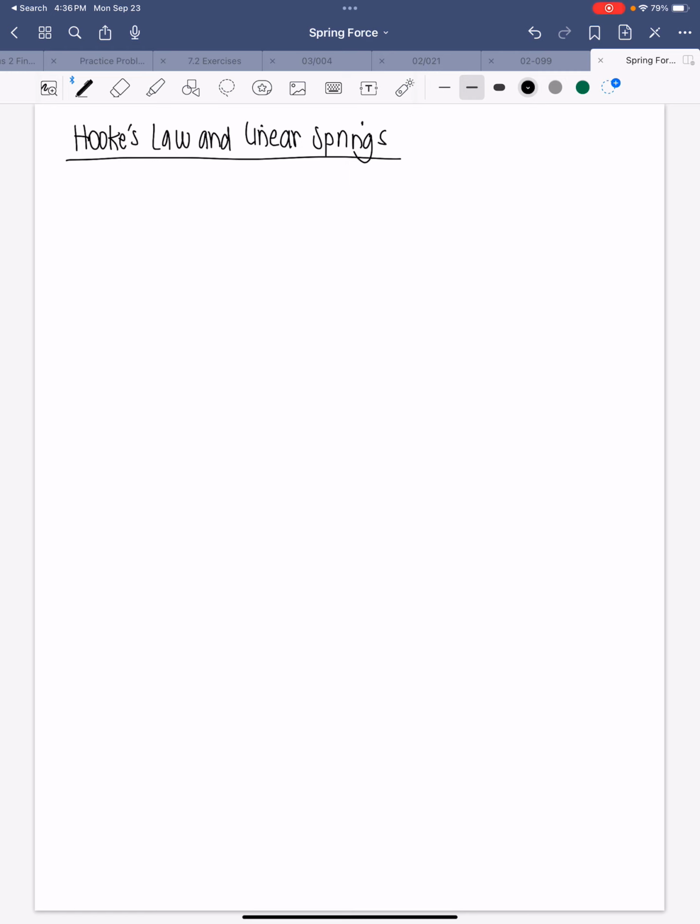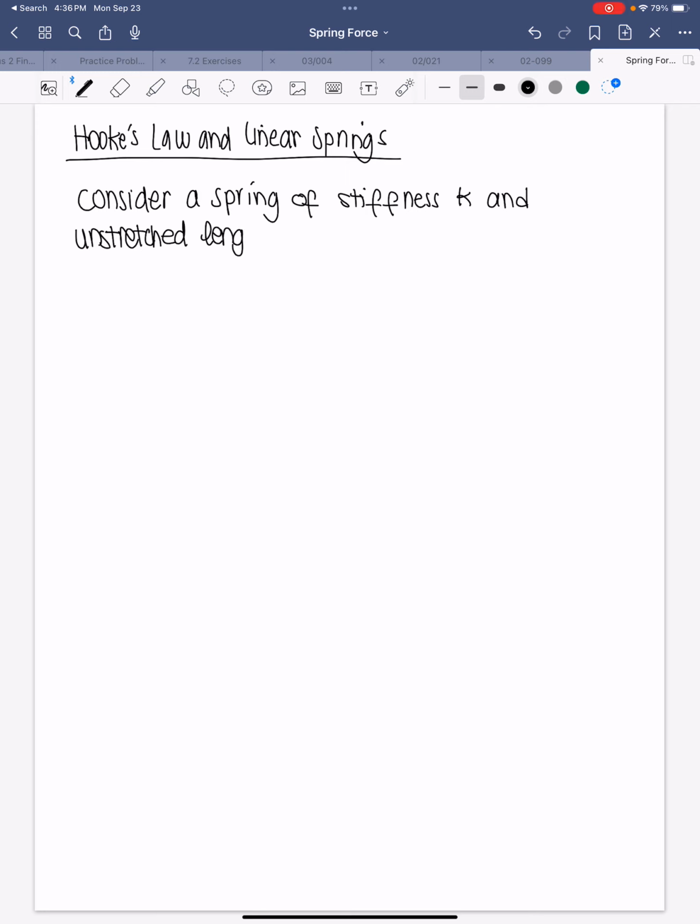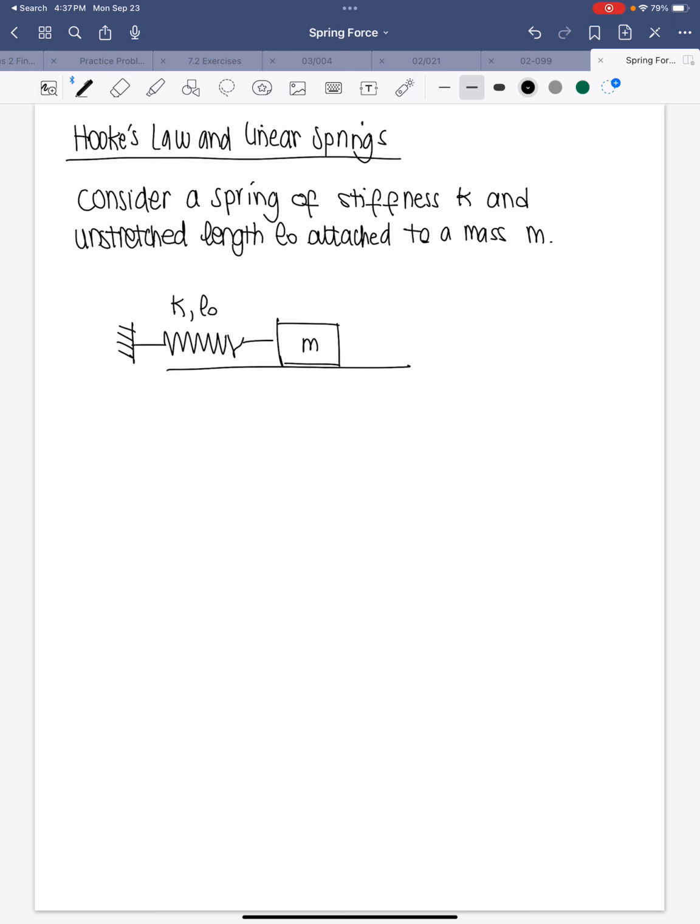So consider a spring of stiffness K and unstretched length L0 attached to a mass M. Take the origin to be at M when the spring is unstretched.